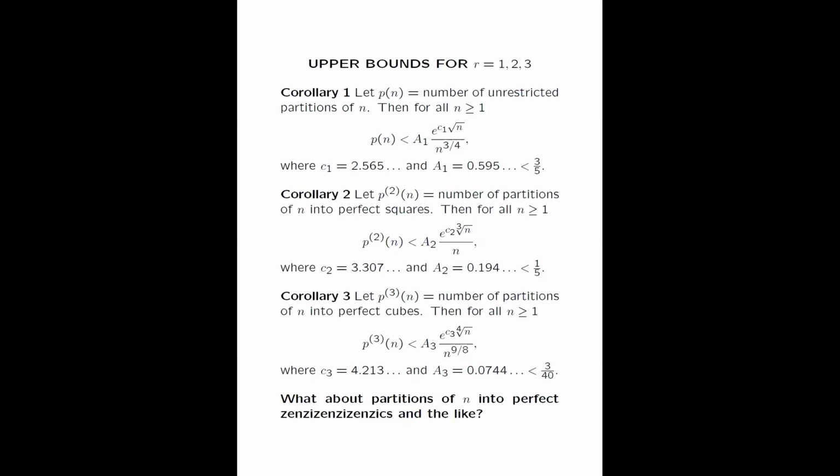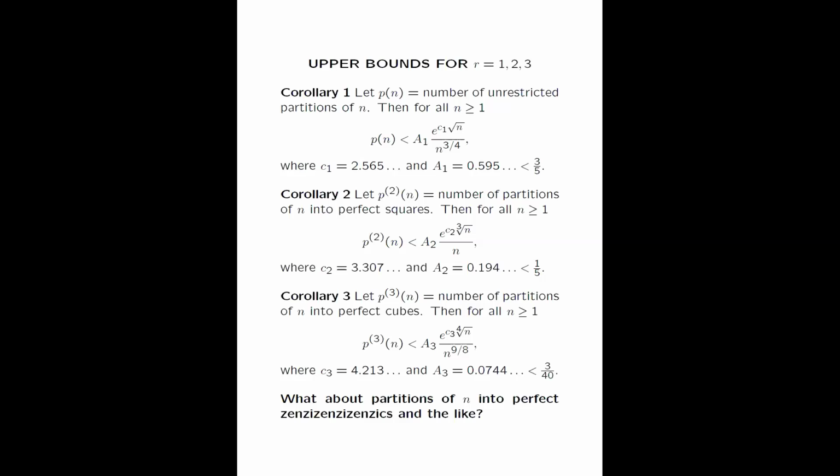For partitions into perfect squares, I give this bound. You can see up top in the numerator you have e to the power of something times the cube root of n, and dividing by n. So to compare this to the asymptotic, the denominator is off by 1/6.